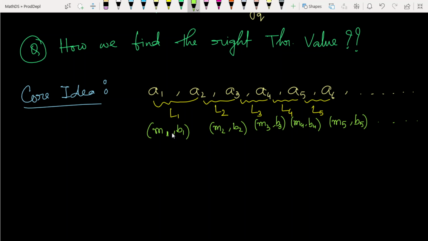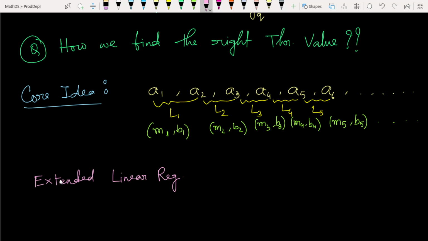So the core idea is that we apply extended linear regression here.